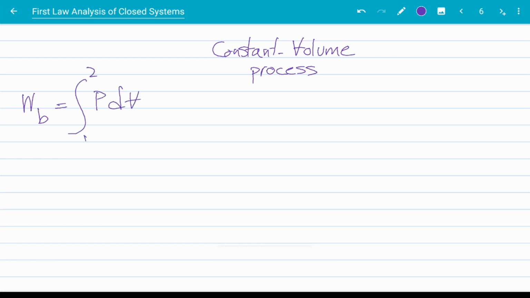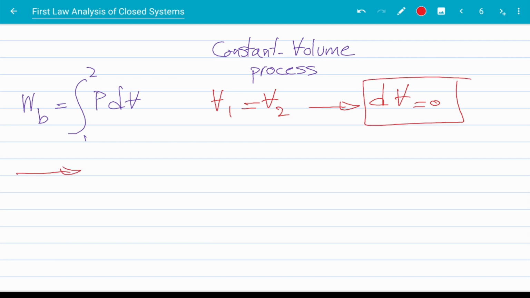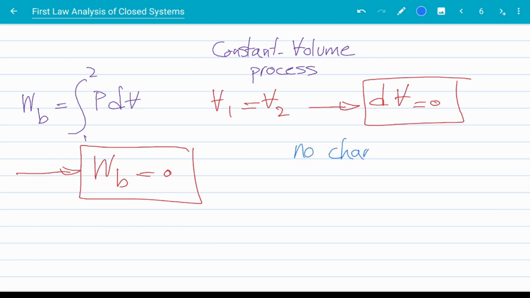Now a constant volume process means that V1 is equal to V2, meaning dV is 0. Now we can readily conclude that the boundary work in a constant volume process is 0, because no change in volume means 0 work.